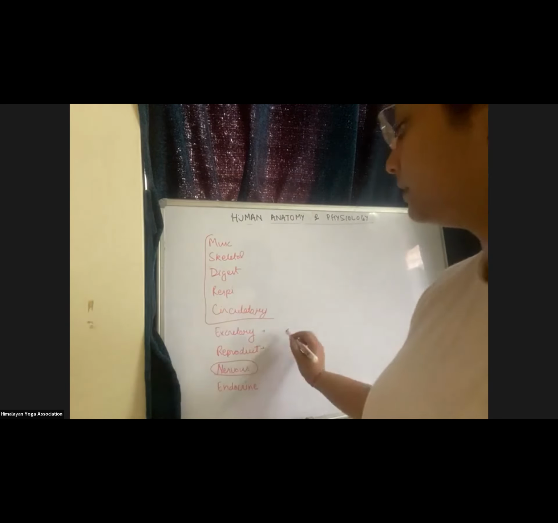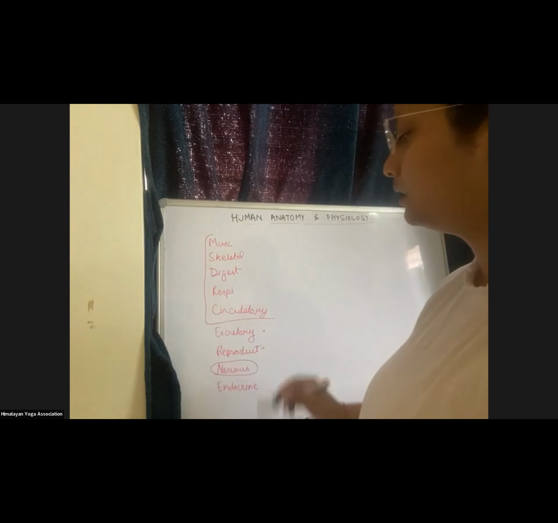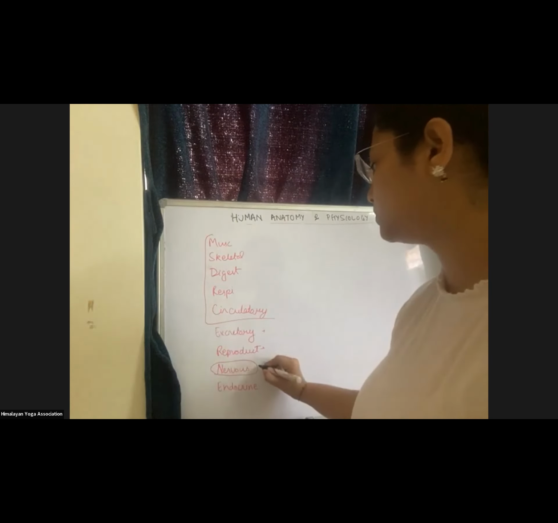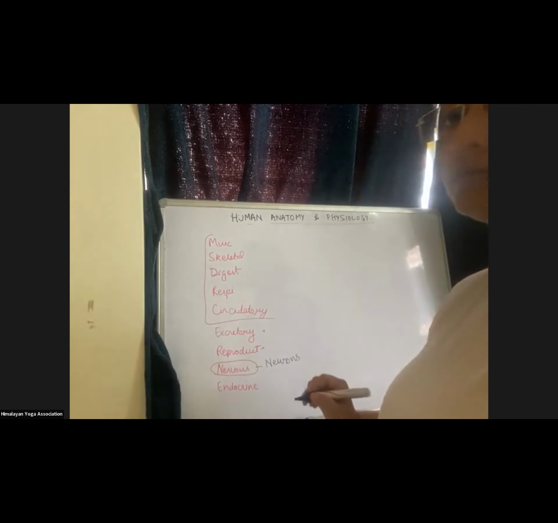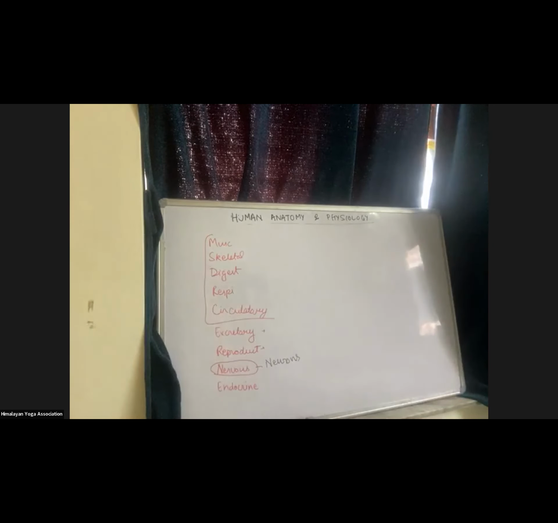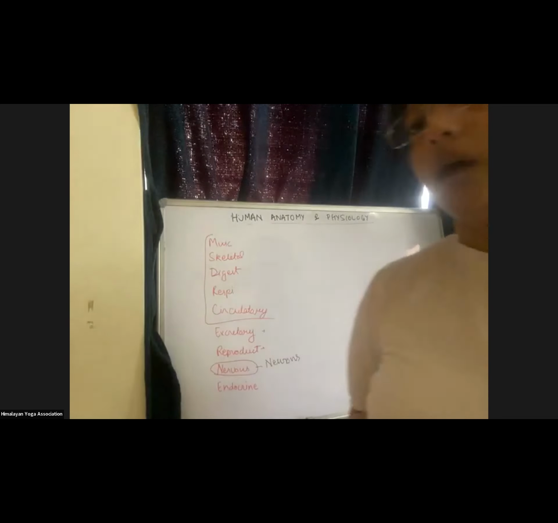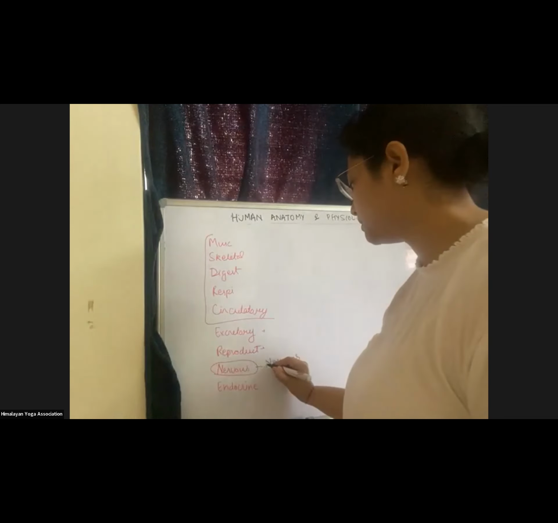So we have done excretory, we have done reproductive. Nervous system is composed of the neurons.